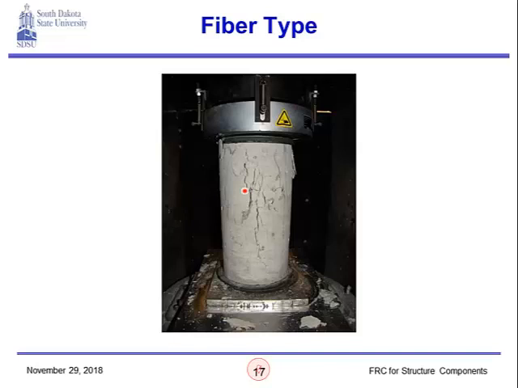We don't see any crumbling of some parts of the cylinder as we would normally see in conventional concrete. And this tells us that fibers are really doing their job in terms of holding concrete pieces together. Bridging, as I said, is their main mechanism: to bridge the cracks whenever a crack happens in the concrete. And this shows that even after failure, they are still holding the pieces together.